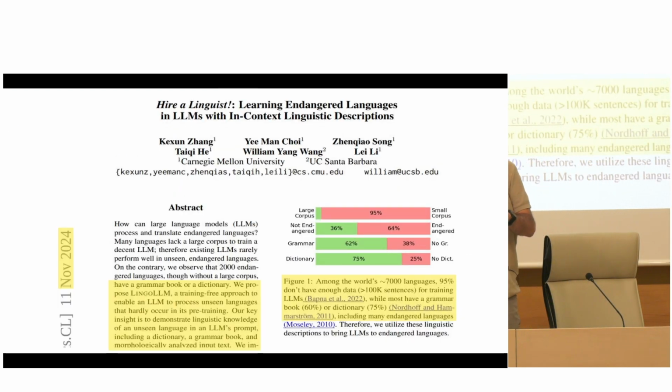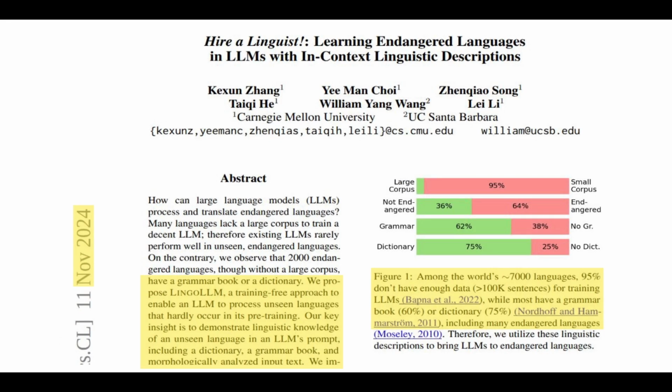So from that moment, a number of papers appeared that try to do the same with more languages, right? And I want to show you this graph here. It shows that among all the languages in the world, around 60%, this is quite optimistic probably, but let's say between 2,000 and 3,000 languages in the world have something like a grammar book.